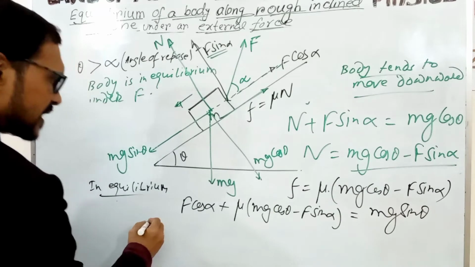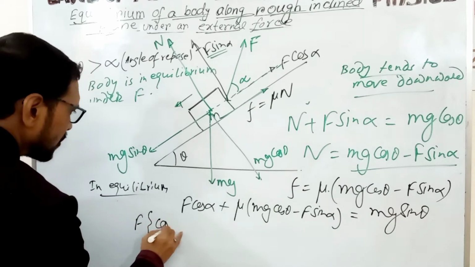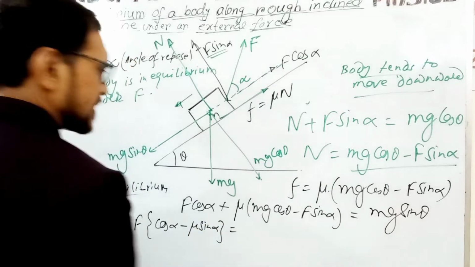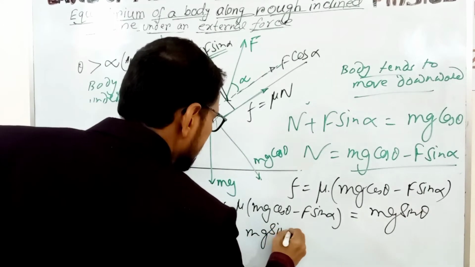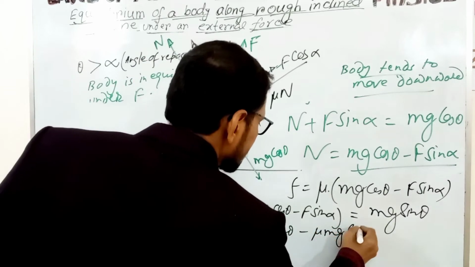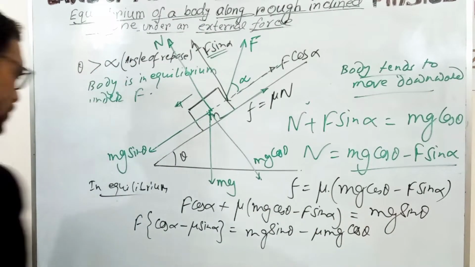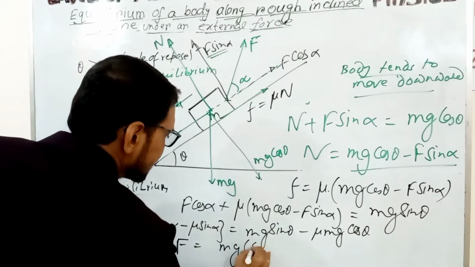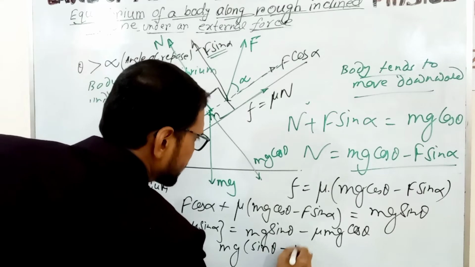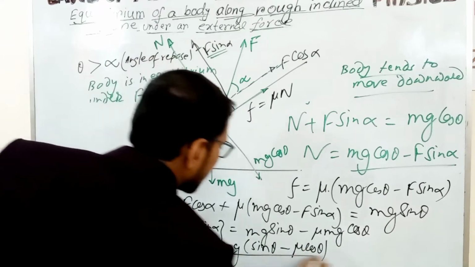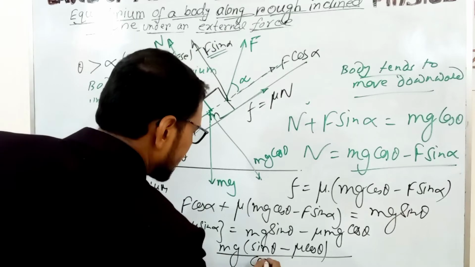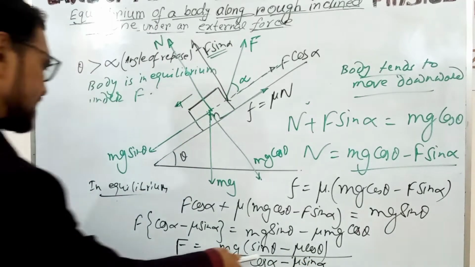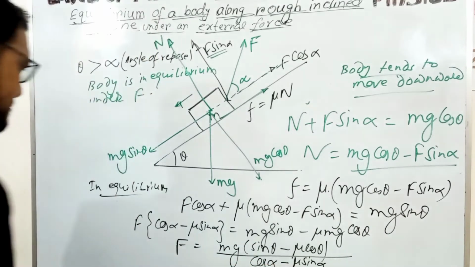So from this, taking F common, F(cos alpha minus mu sin alpha) equals mg sin theta minus mu mg cos theta. So we get F equals mg (sin theta minus mu cos theta) divided by (cos alpha minus mu sin alpha).